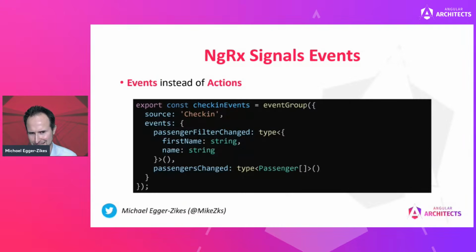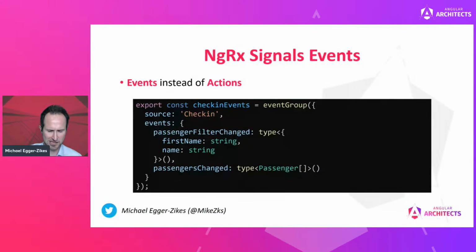How does it look like? So here I have actions for check-in again. So for the passenger area in my application where we implemented the signal form, we have a passenger filter changed action. So you always try to use names that are not commands, more events. So you just want to describe what happened in your component, for example.